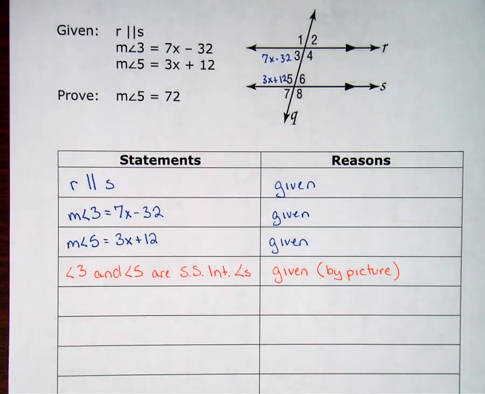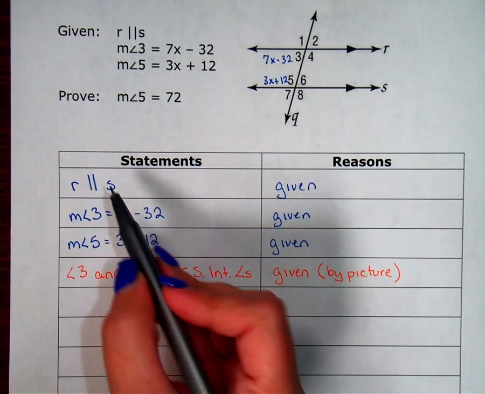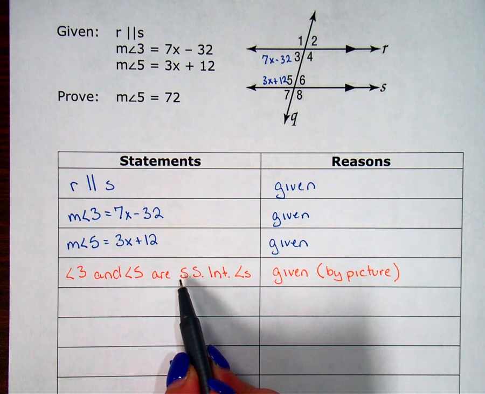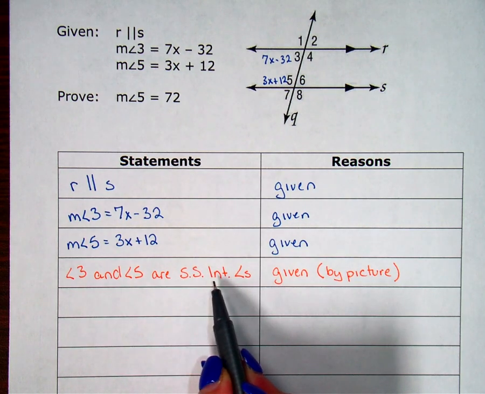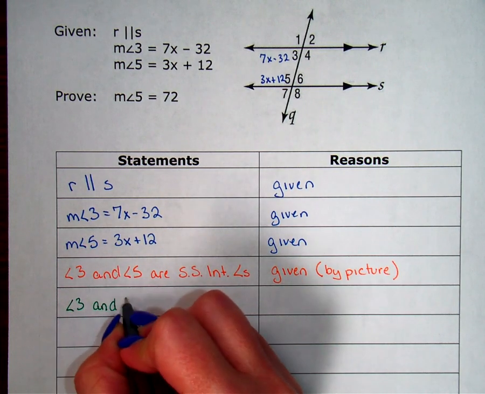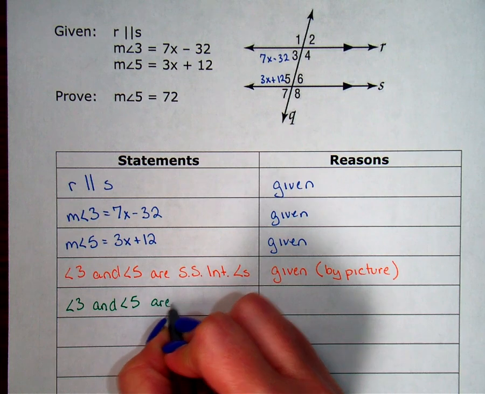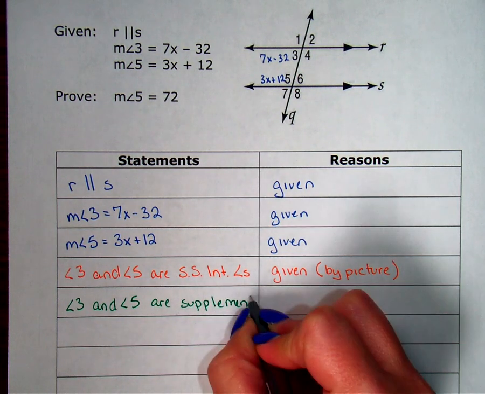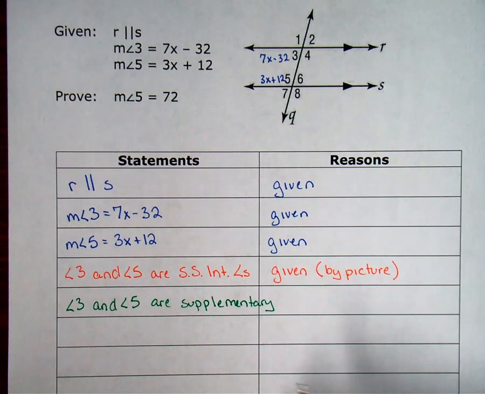So I'm going to use that theorem and say I have parallel lines, so these angles that are same side interior are supplementary. Angle 3 and angle 5 are supplementary. Not going to fit. That's okay. Okay? And how did I know I could write that?